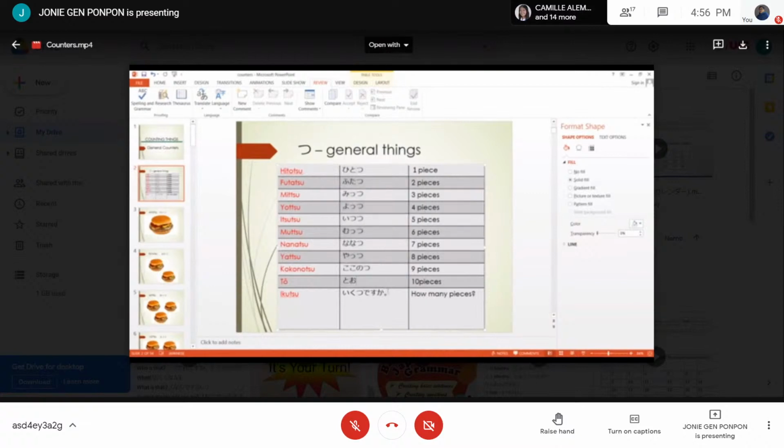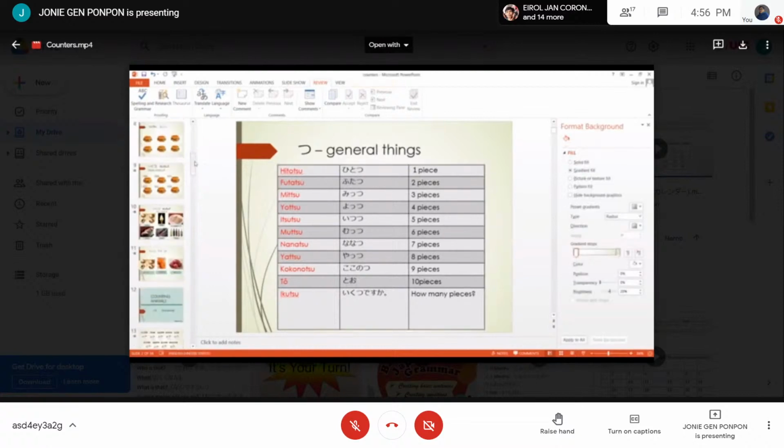And then, if you will say 11 pieces, now is the time you should learn, or you should know what object is being questioned for how many. Is it a flat object? Is it a machine? Is it how many floors?